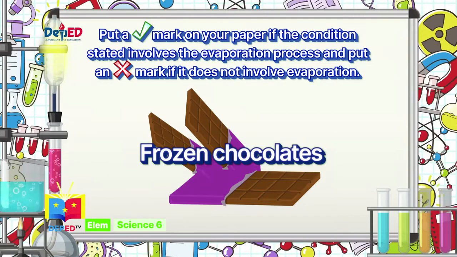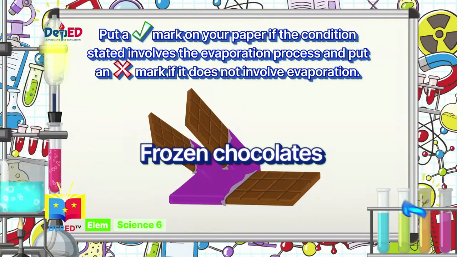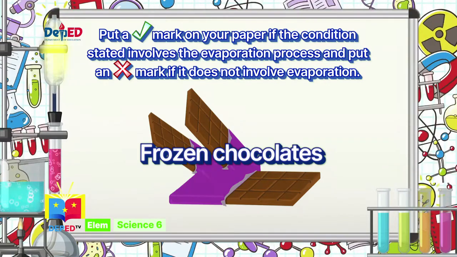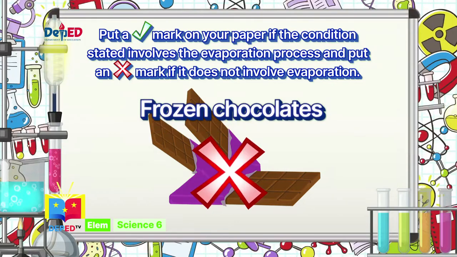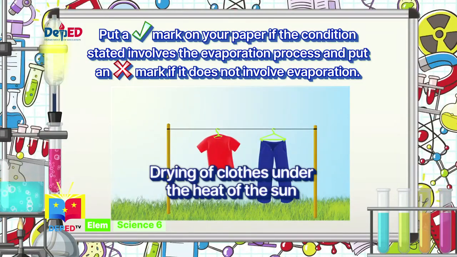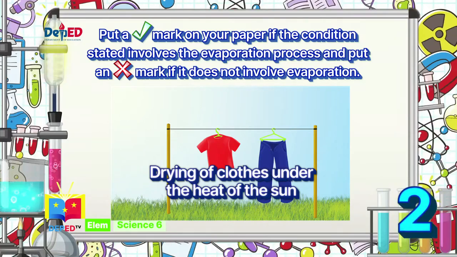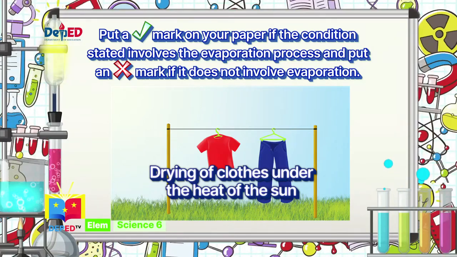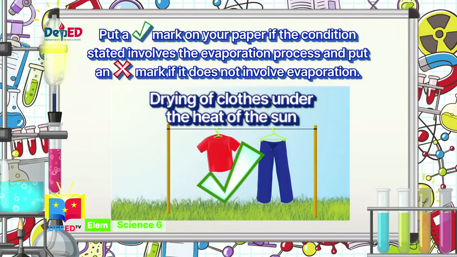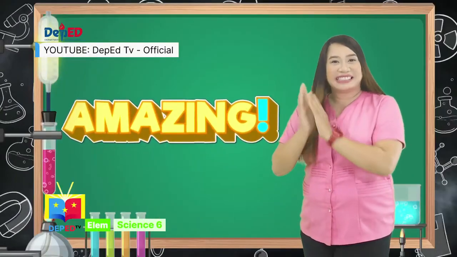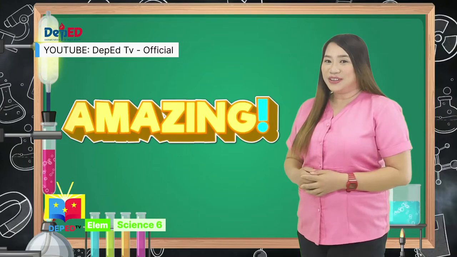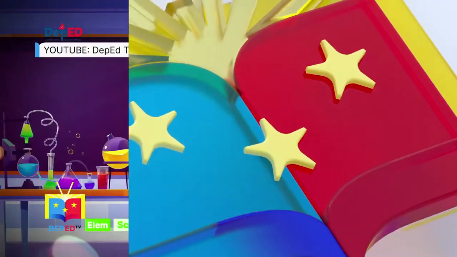Frozen chocolates. The correct answer is X. Number 4. Drying of clothes under the heat of the sun. The correct answer is check. Amazing! You really understood our previous episode.